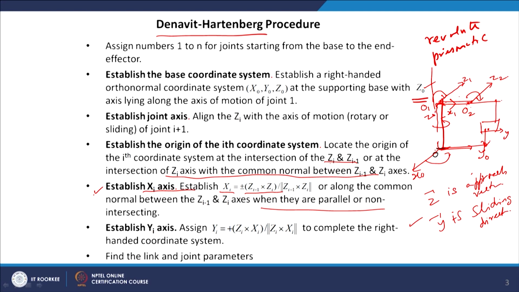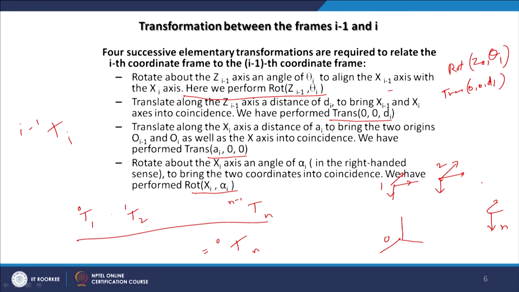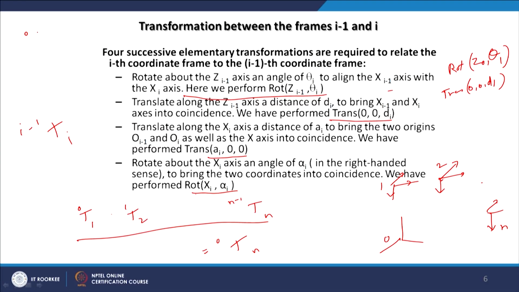So we see that after making these 4 operations, 2 rotations and 2 translations, the base coordinate frame x0, y0, z0 completely coincides with the x1, y1, z1 coordinate system. That means we have obtained 0T1, the first coordinate system with respect to the 0th system.